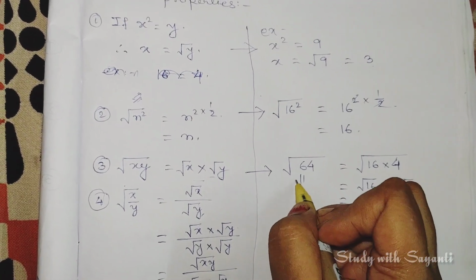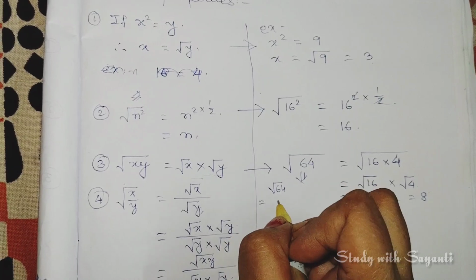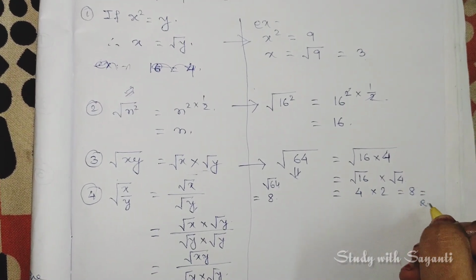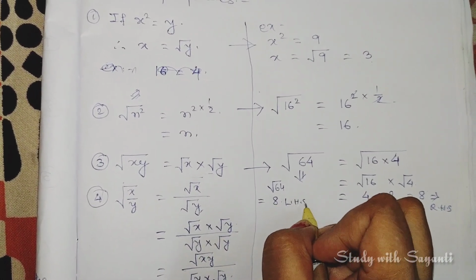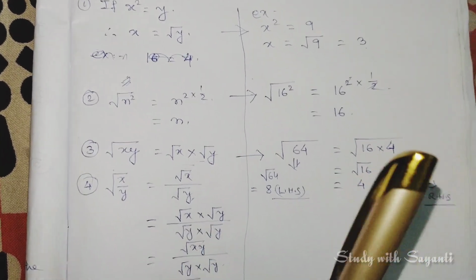So the answer is 8. See, from this side we can directly write it as 8. So if this is assumed as the right hand side and this as the left hand side, both are equal. Hence the property is proved also.